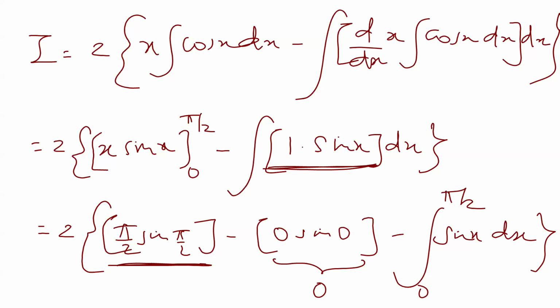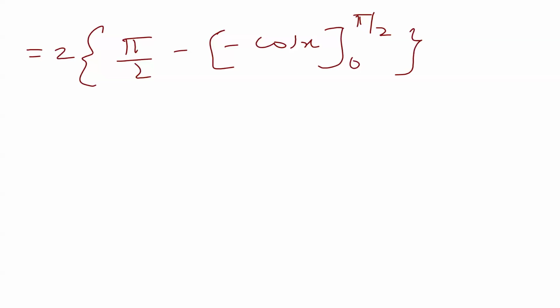So it is only going to be pi by 2. And the integration of sin x is going to be minus cos x. That minus and this minus subsequently will become plus. So 2 times pi by 2 minus minus cos x, pi by 2 and 0. Minus minus is plus, pi by 2 and 0.